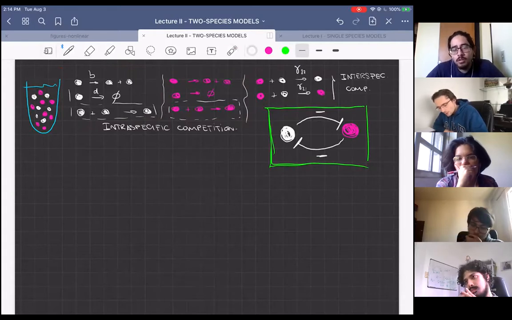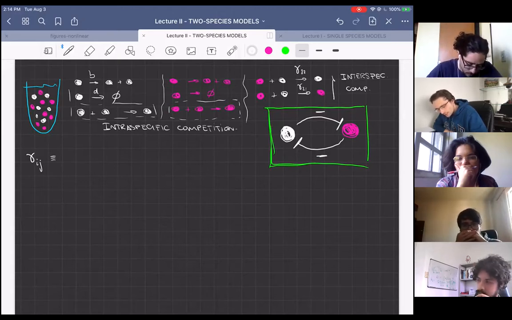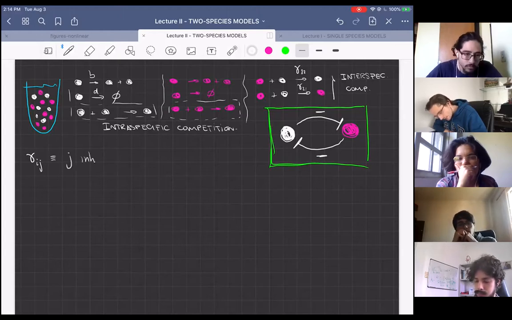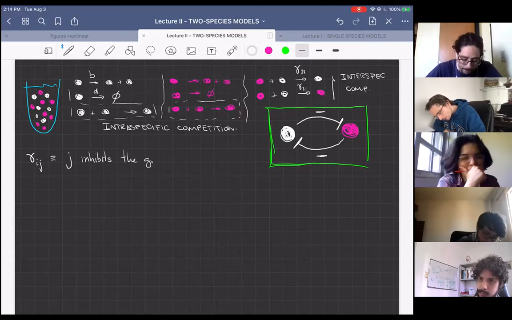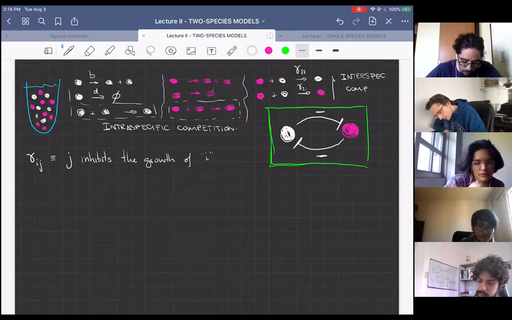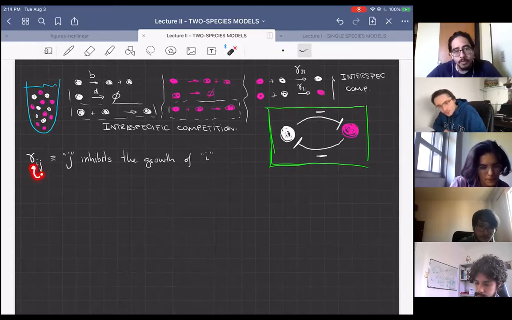So to introduce some notation that we are going to use today, in general, these coefficients or these rates gamma ij are going to be the rate at which a species j inhibits the growth of i.